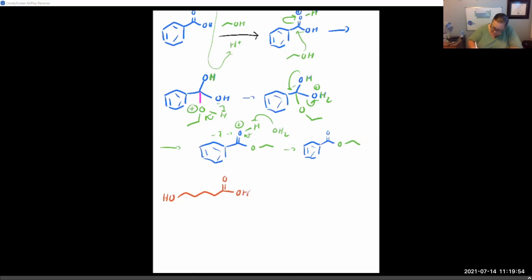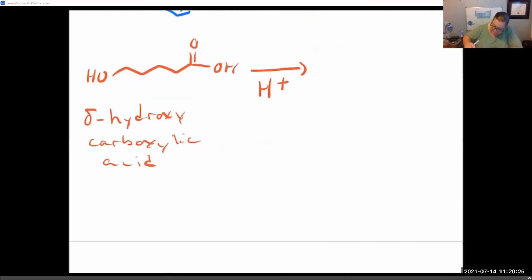But if I were to take this delta hydroxy carboxylic acid, you're like, what? Delta hydroxy carboxylic acid. And react it in the presence of acid, what would I get?